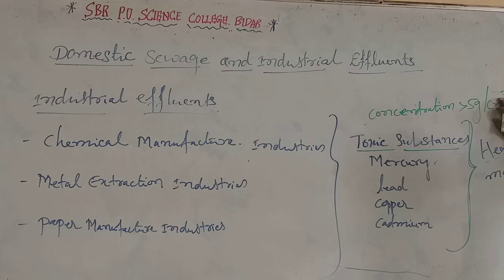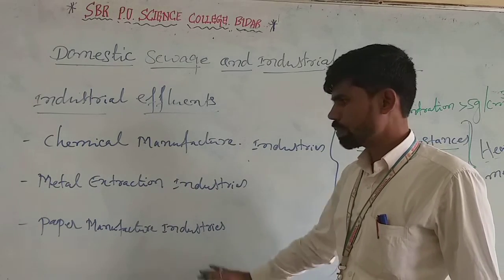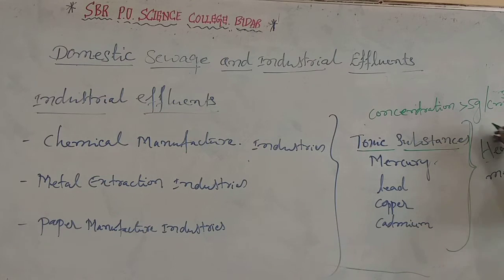In domestic sewage, we have studied what diseases occur. Now, industrial effluents come from chemical industry, metal extraction industry, and paper manufacture industry. These industries produce water that consists of toxic substances like mercury, lead, copper, cadmium. So these are the heavy metals, and they are not good for human consumption.